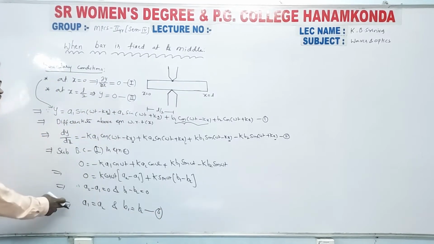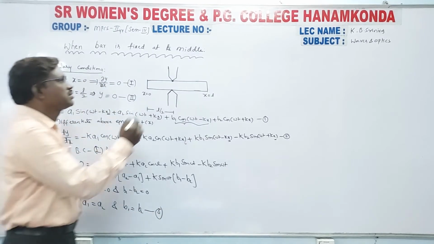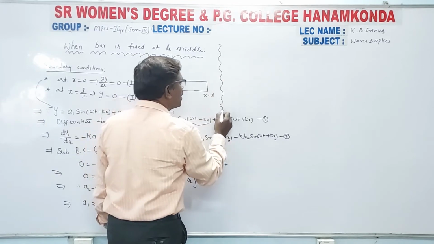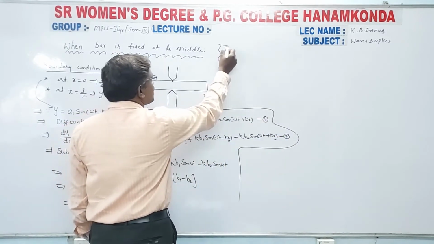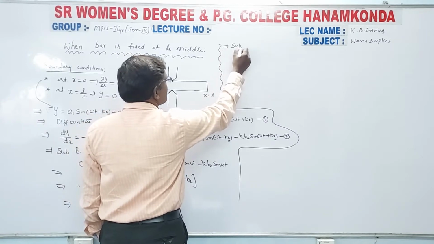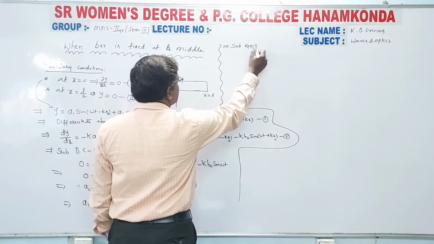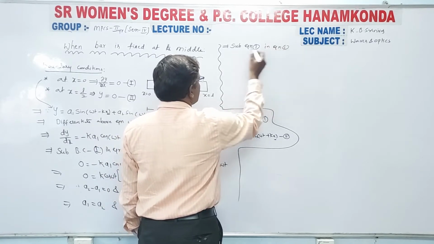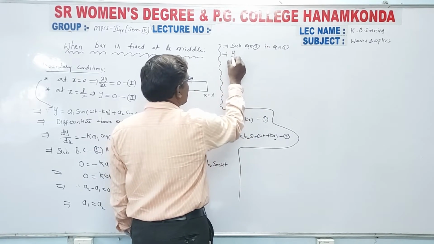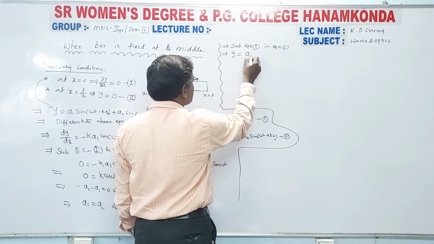Now substitute equation 3 in equation 1. Simply I am substituting the relation between a1, a2, b1, b2 in equation 1. What is equation 1? That is the displacement of the bar at any instant of time.